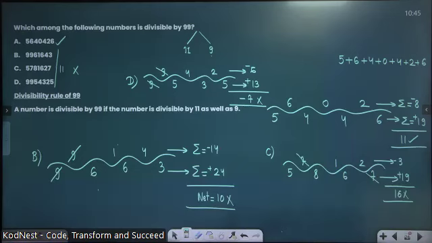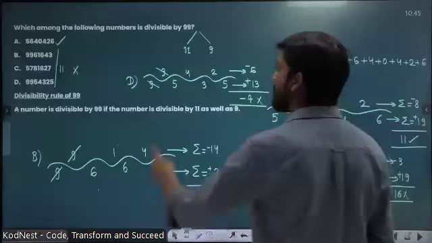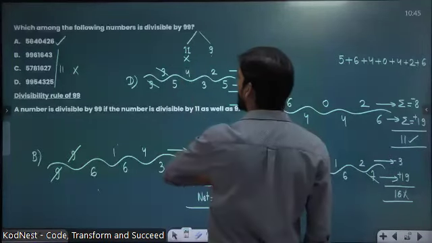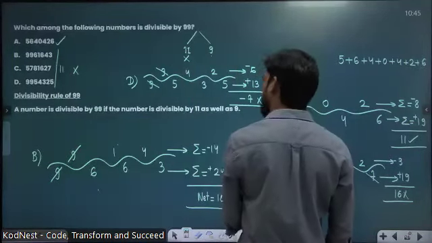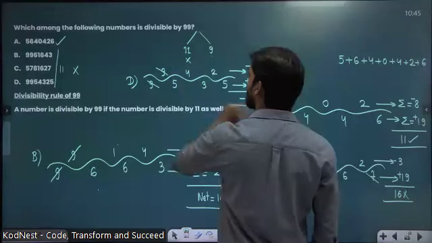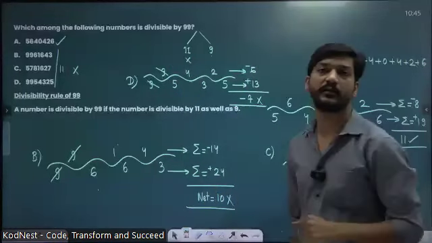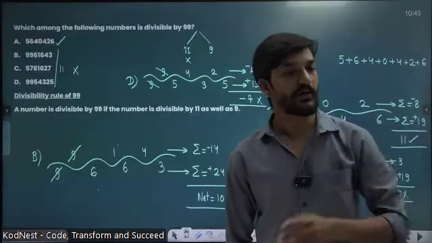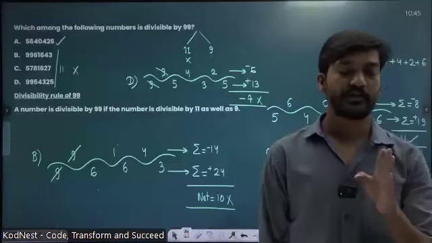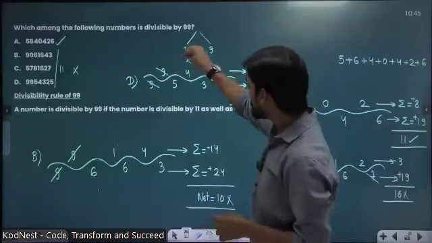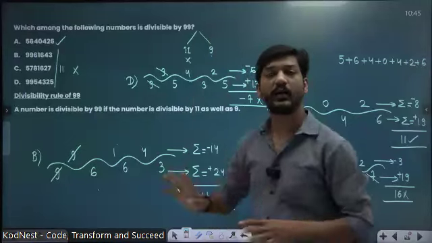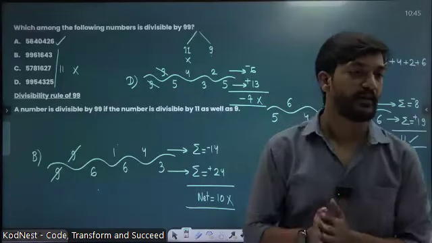Okay. If B option is not divisible by 11, then don't check for 9. If C option is not divisible by 11, don't check for 9. Time waste. Because it is already not correct. Okay, so whichever comes out to be divisible by 11 will be checked for 9 also. Otherwise, don't check. Okay.